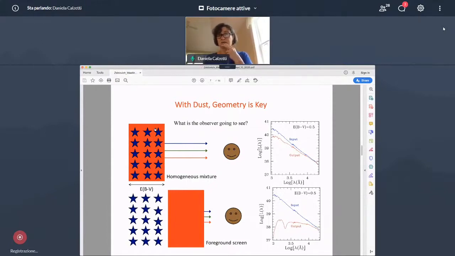E(B-V) is the thickness of the dust layer, and it's 0.5 for each of them. This is a color excess, related to the thickness of the dust layer. But the output spectra, which are in red, are dramatically different. So geometry becomes a key factor in determining how much of the stellar population we can actually observe and how we can hope to recover it.